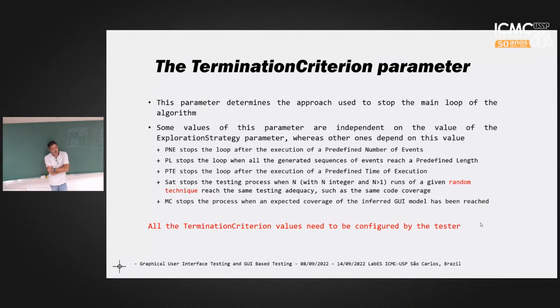What happens if I find a fault? Okay, when you find a fault, usually you store the sequence of events because they are very interesting, and you start from the beginning. So it's a termination? No, the termination criteria is the exploration.